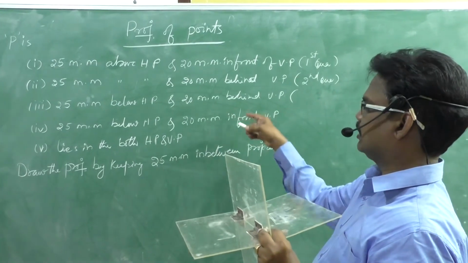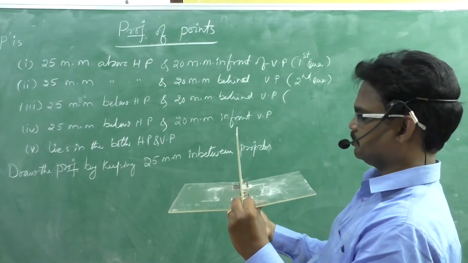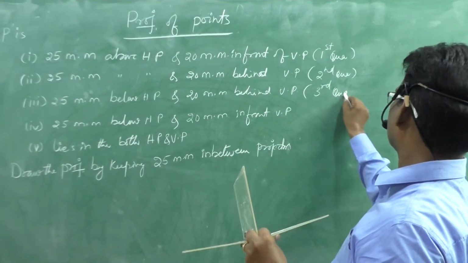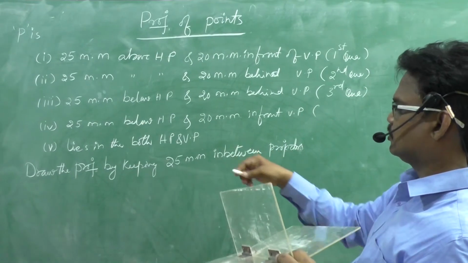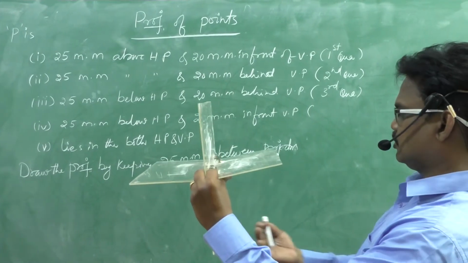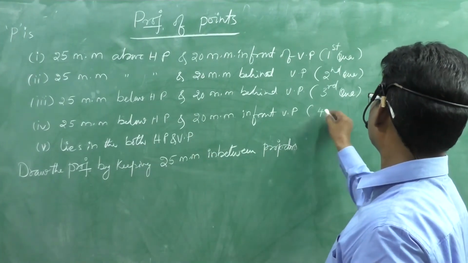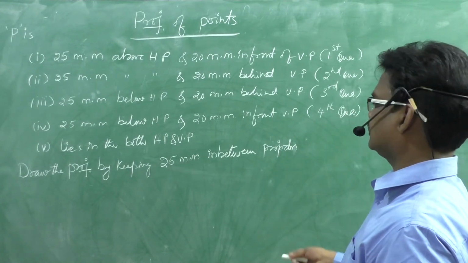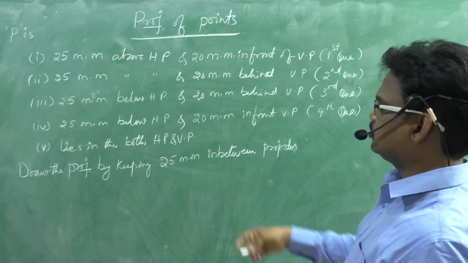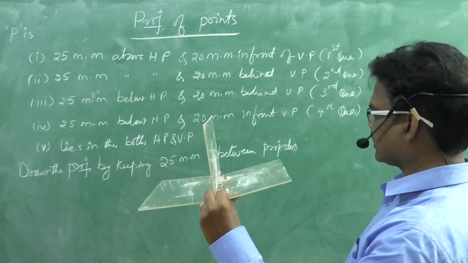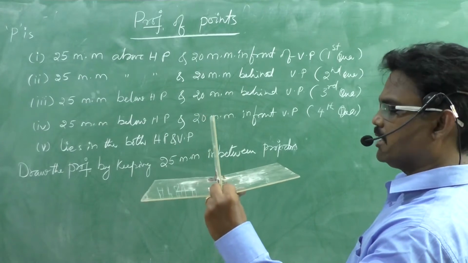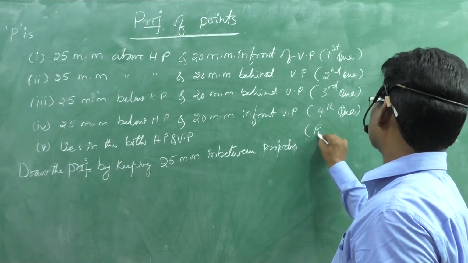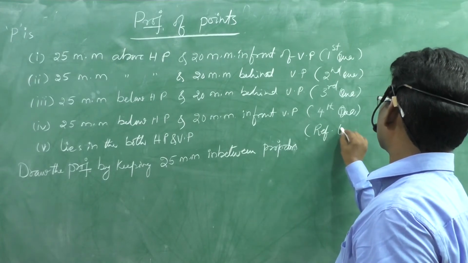Third one, below HP, behind VP, third quadrant. And next one, 25 mm below HP, 20 mm in front of VP. Therefore it is fourth quadrant. And lies in both HP and VP. If it lies in both HP and VP, obviously it is on the reference line.